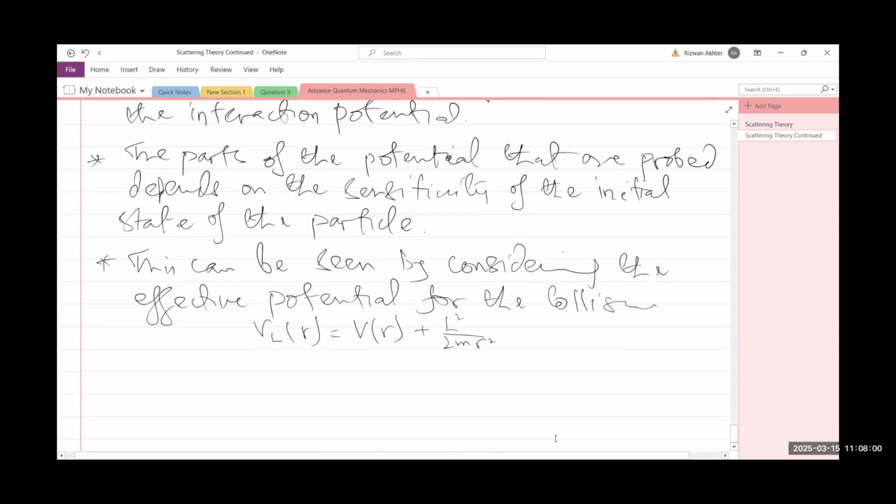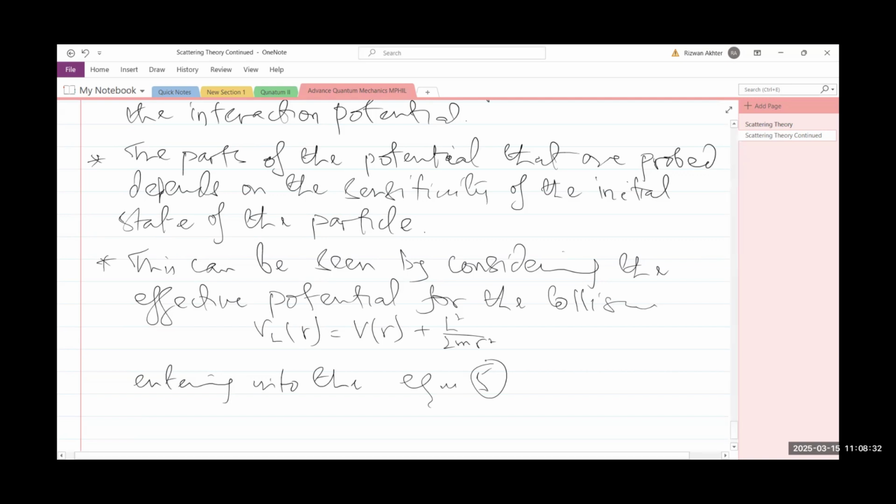So this is basically it, and you can substitute this VL of R, which is equal to V of R plus L square upon 2 m R square, into equation number 5 to get to know what is the potential involved in the scattering process.